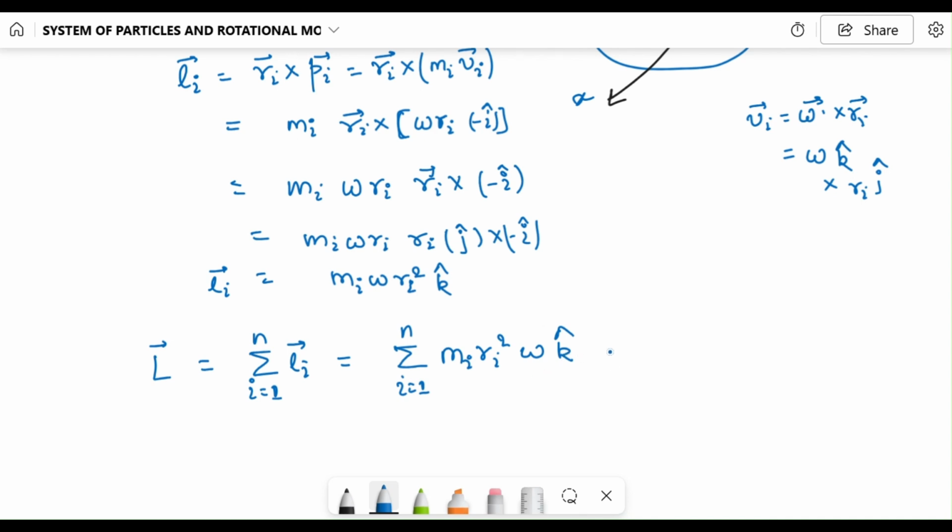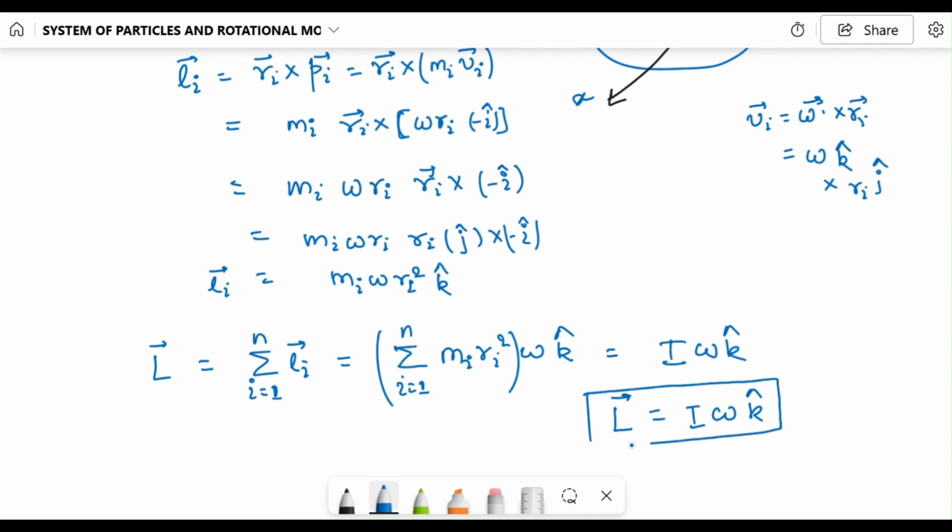This part is nothing but the moment of inertia of this rigid body. So this is what we have as the angular momentum of this rigid body, and it is along the positive z direction.